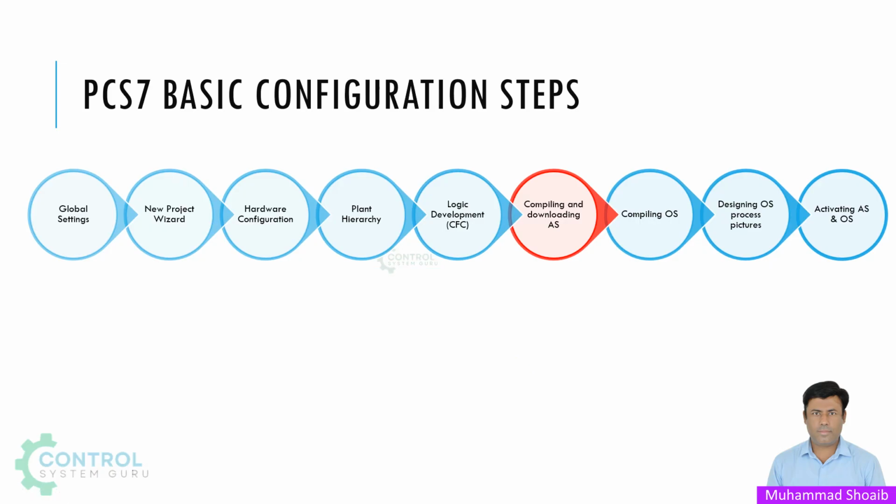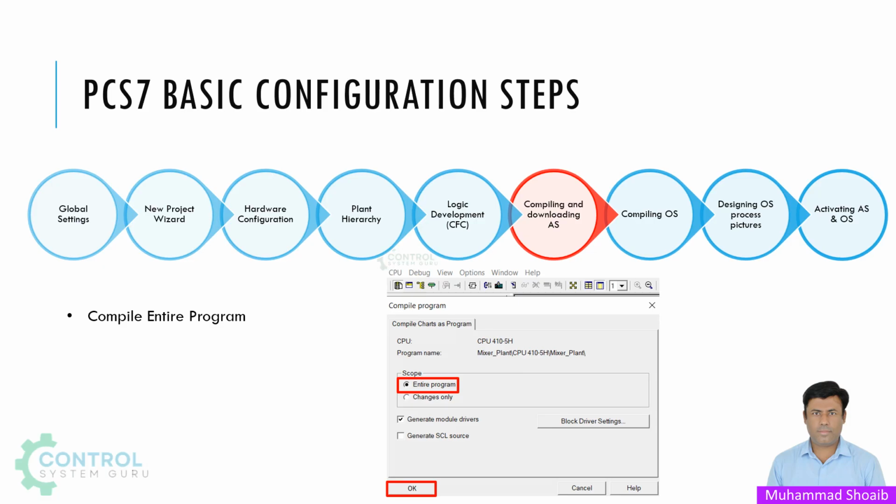After developing the logic, we will compile our project. You must ensure that the first time you do this, the entire project has to be compiled, and the change-only option will not be visible to you the first time.